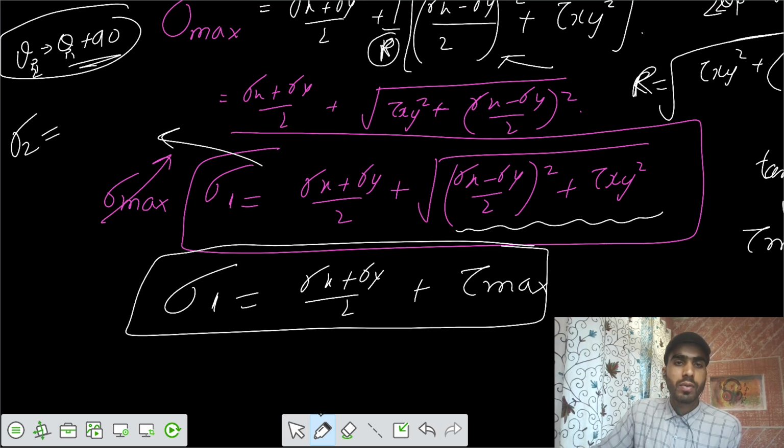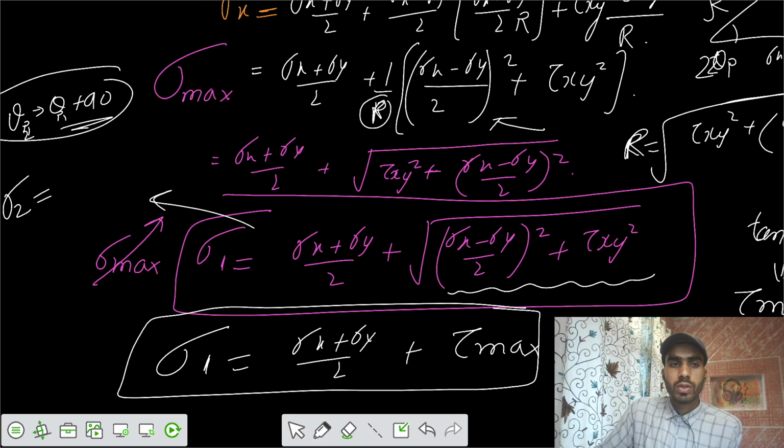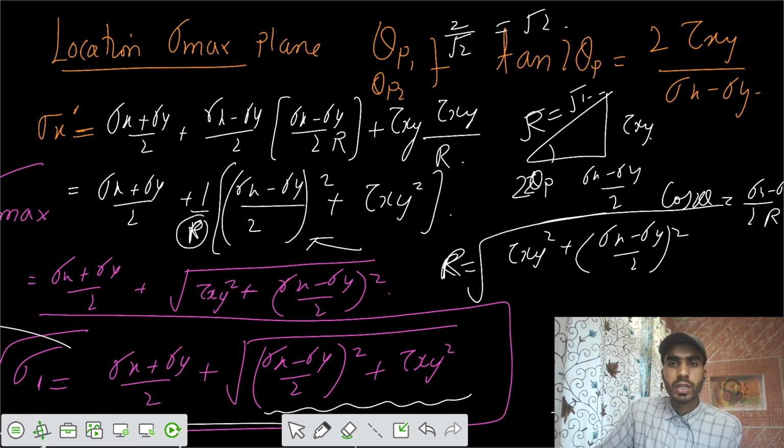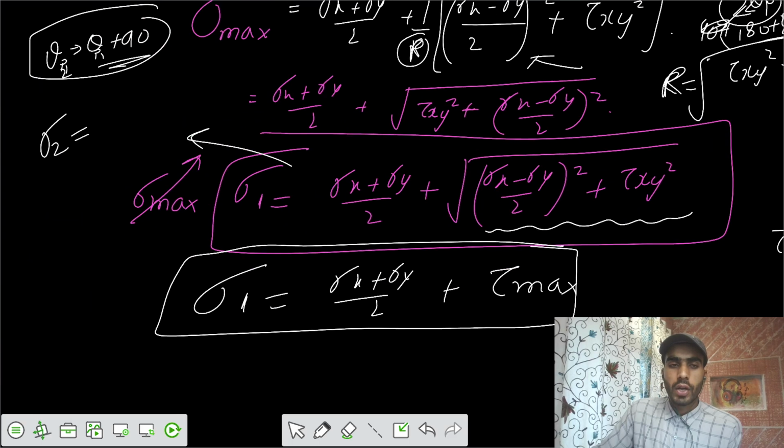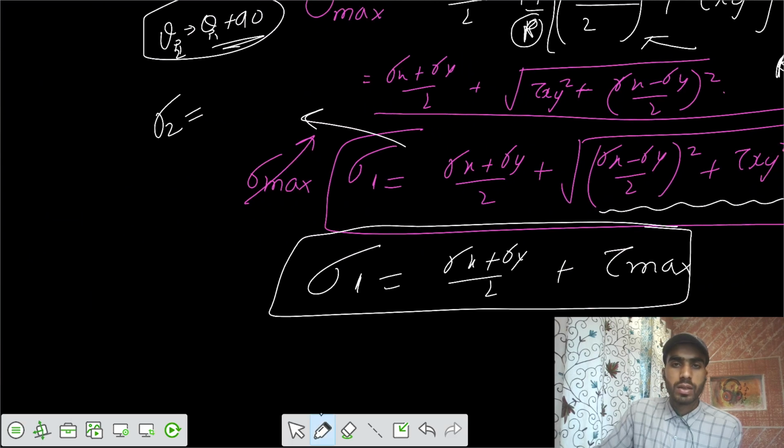Substituting this in the equation, 2 theta p changes to 180 plus 2 theta p, and you can get that sigma 2 is sigma x plus sigma y by 2 minus tau max.